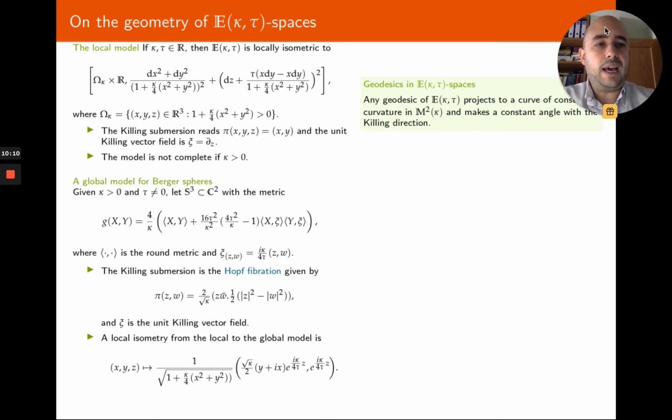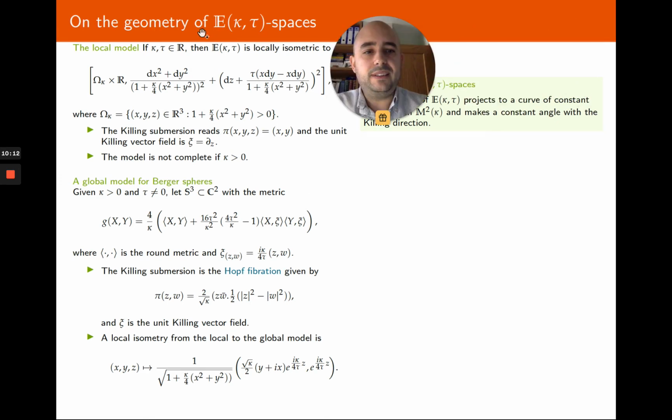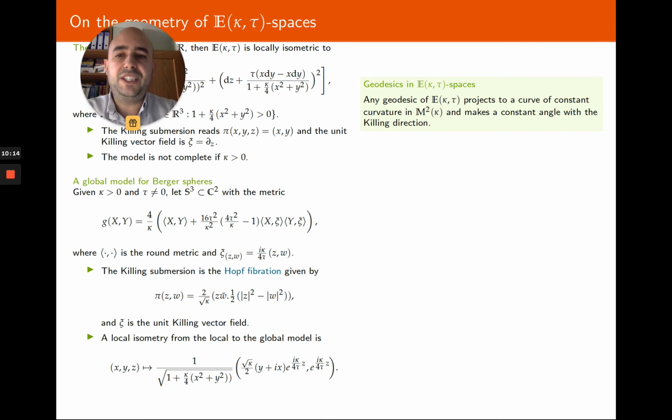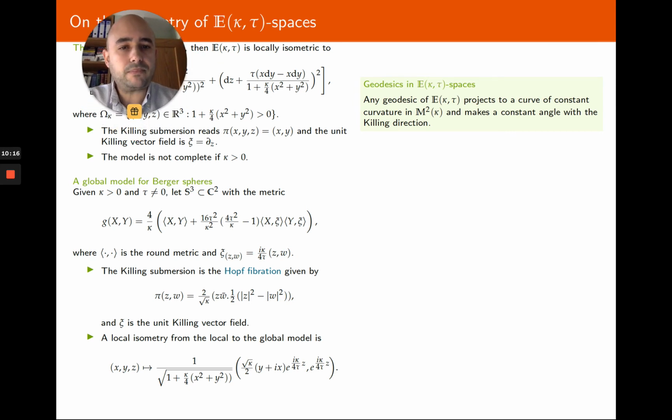In fact, I will be more interested in geodesics, and in any kappa-tau space, a geodesic curve projects to a curve of constant curvature in the base M2 via the Killing submersion, and also makes a constant angle with the Killing direction.